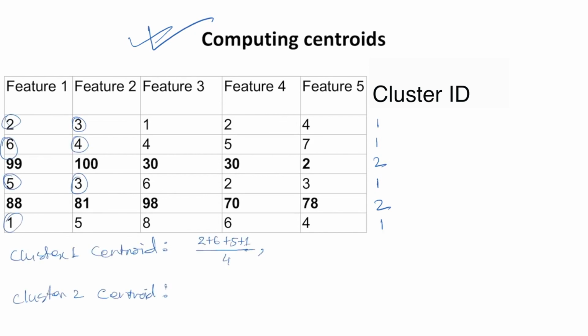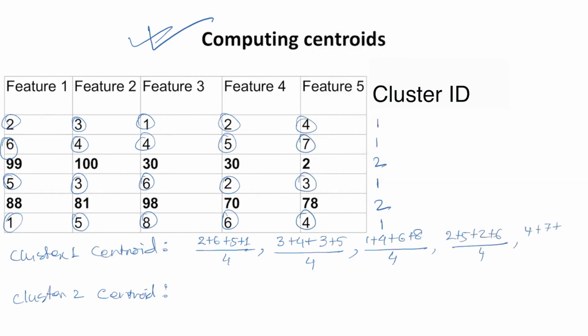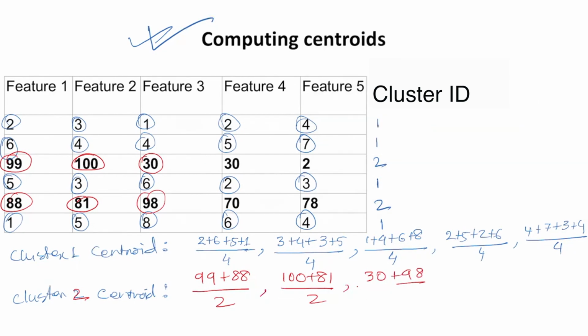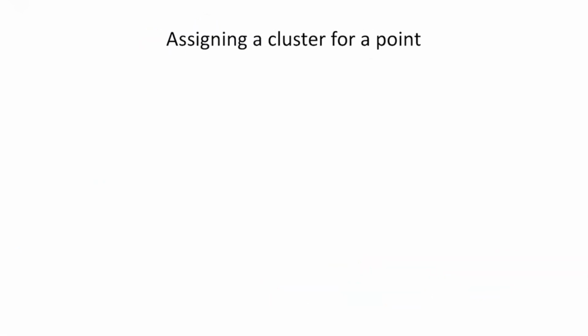I quickly showed the calculations, but I did not compute the fractions. So do the computation and you will understand how the cluster centroids are computed. Based on what we have discussed so far, given a set of cluster assignments, we can easily compute the centroids by taking the average of the points in the clusters.